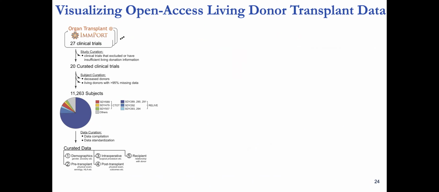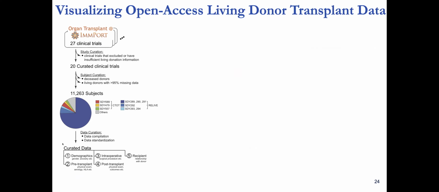Then there's another, more ambitious project based on a study. We have lots of transplant data in ImmPort. This is back in 2018 when we had 27 clinical trials on organ transplant.